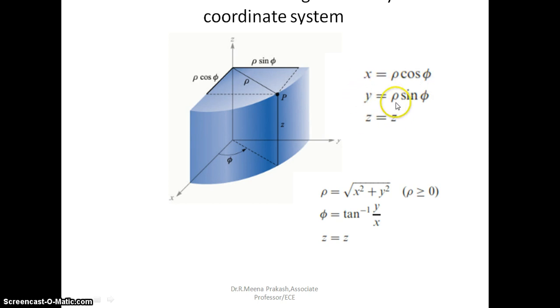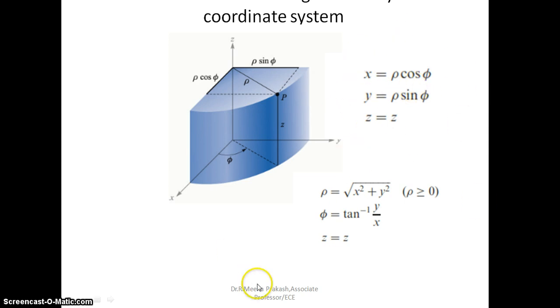Similarly, y equal to rho sin phi, because sin phi is the opposite side by the hypotenuse, where the opposite side is y and the hypotenuse is again rho. So y equal to rho sin phi and z equal to z. This is how conversion takes place from cylindrical to rectangular.